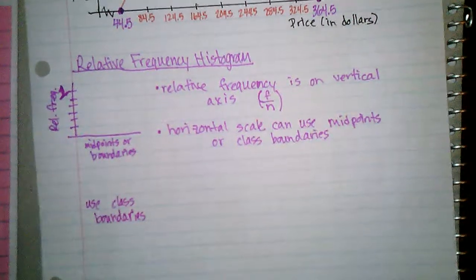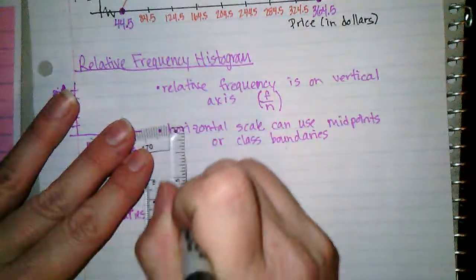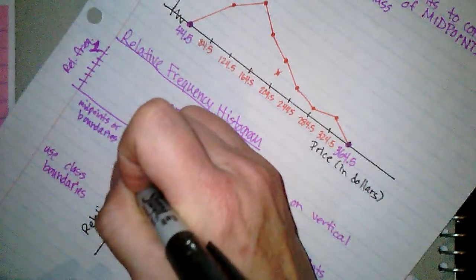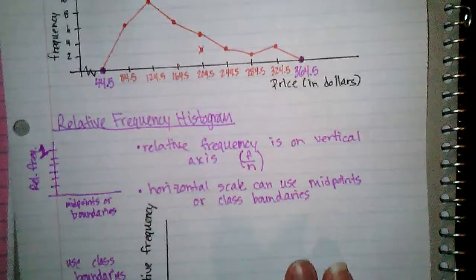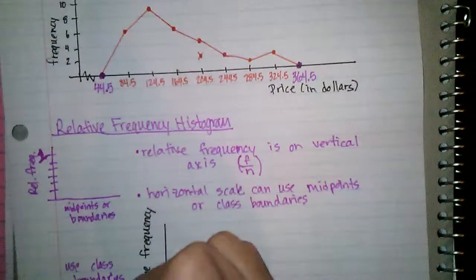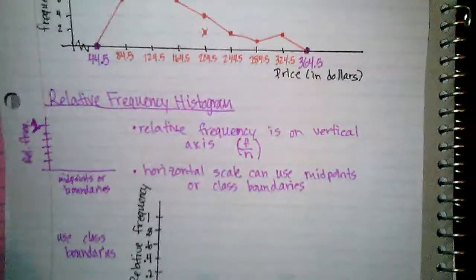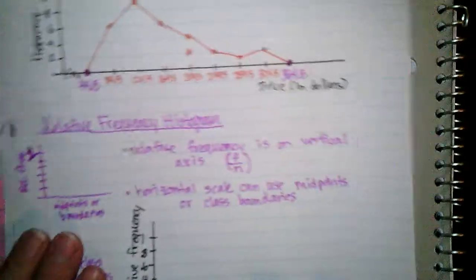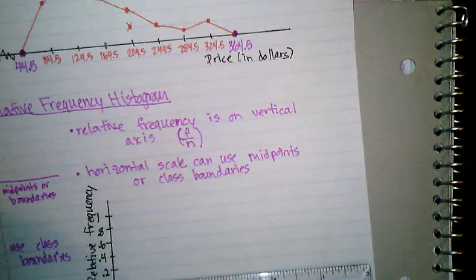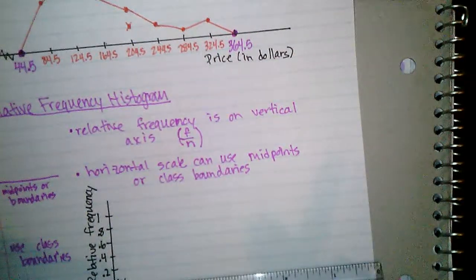So using class boundaries, for our relative frequency let's just go 0.2, 0.4, 0.6, 0.8, and 1. And since we're using class boundaries, we need 1, 2, 3, 4, 5, 6, 7, 8 of the little tick marks.